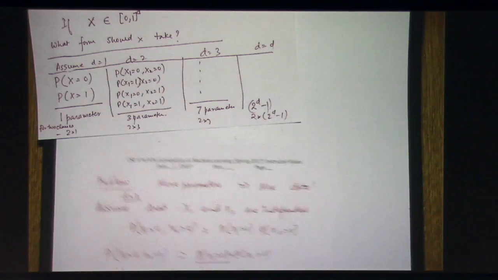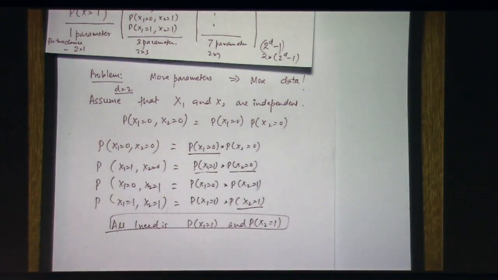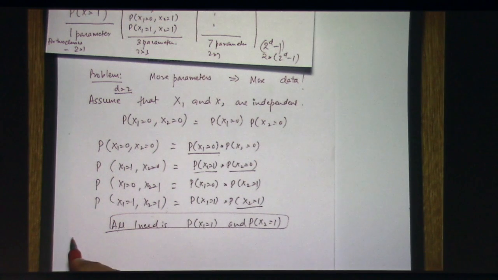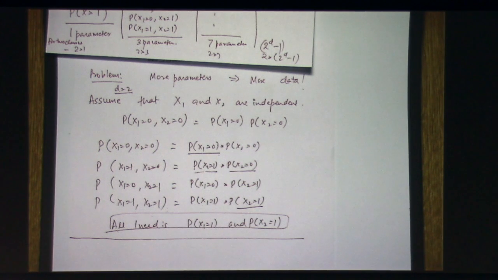With the independence assumption, the number of parameters needed to express your probability distribution for x reduces significantly, and because of that, we can learn even with less data. So that is the principle. However, what we are losing is that we are making a pretty strong assumption. We are saying that these different variables are independent of each other, which in many cases might not be applicable, but we still go ahead with it.